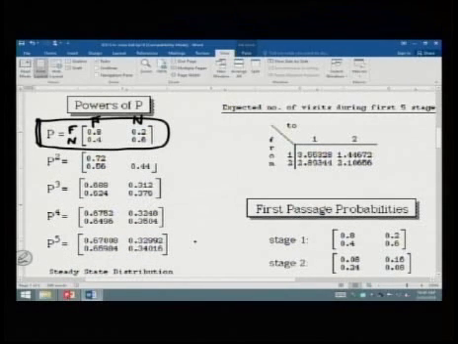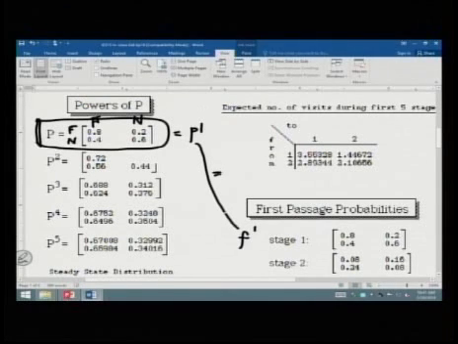And then also here, these are the first passage probability, first visit probability, right? So this is F1, this is P1, and you know that these are always the same, right? And then this is F squared, and so on.